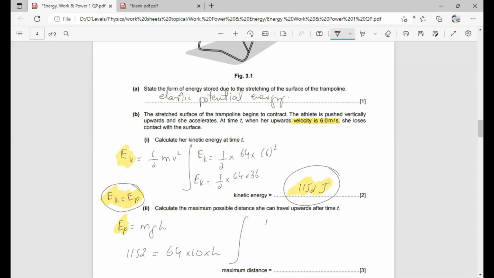So 1152 over 640 equals h. So 1.8 meters. So this is 1 mark for the formula, 1 mark for the energy, and 1 mark for your calculation.